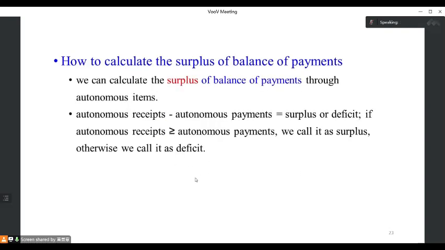How to calculate the surplus or deficit of balance of payments? We can calculate it through autonomous items.